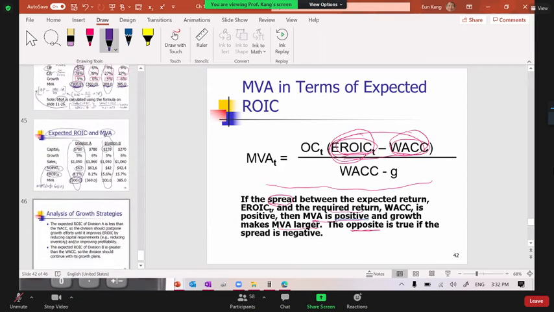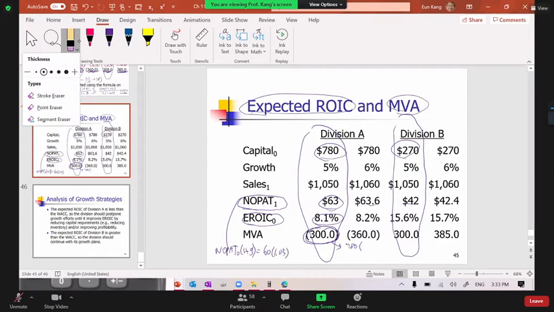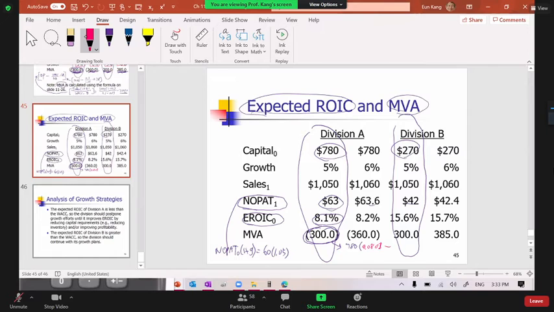So this 300 is OC0, that is 780, times EROIC, more precisely 8.08 percent, which should be 0.0808 in the formula, minus WACC 0.1, over WACC minus g, which is 0.05.